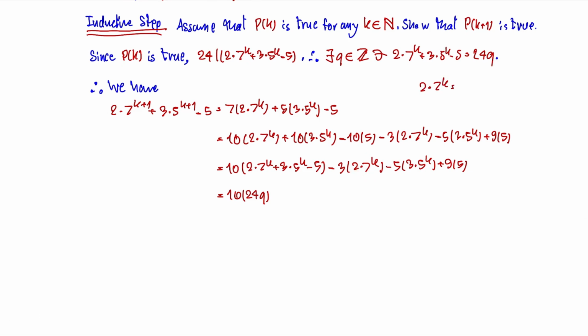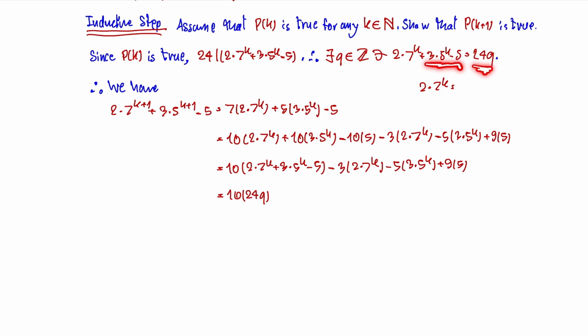It is obvious that this term is not divisible by 4 because it's 2 times 7 raised to the power, and 7 is a prime. Okay, 7 is a prime, so it's 2 times a prime number. So it cannot be divisible by 4. So I have to write 2 times 7 to the k in terms of 3 times 5 to the k and 24q.